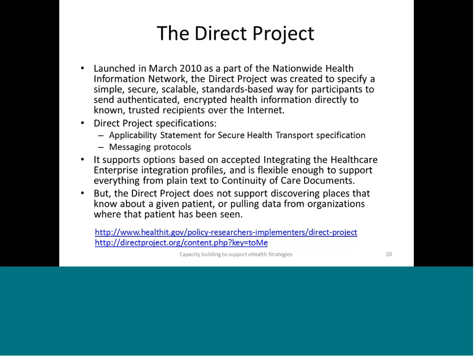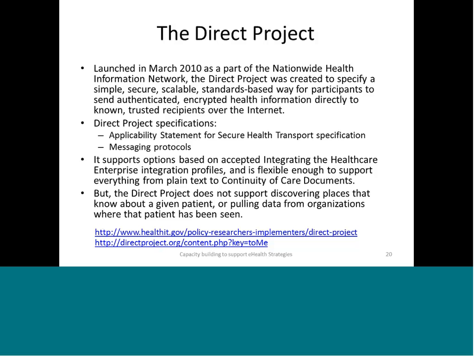It's based on the AeHIN that we were talking about just a moment ago, and it's very flexible, so that you can do everything from plain unstructured text to much more structured continuity of care documents. But this project does not support finding out where somebody may have been treated.